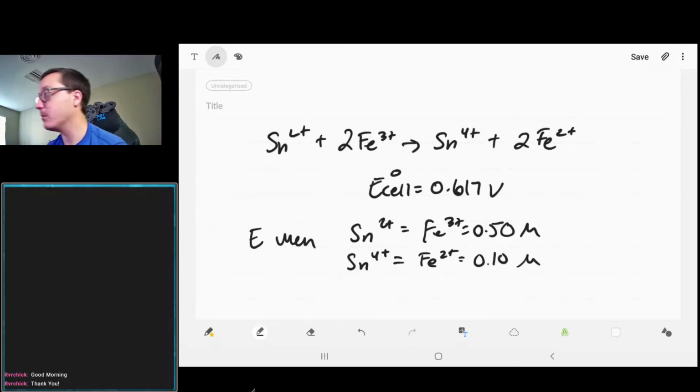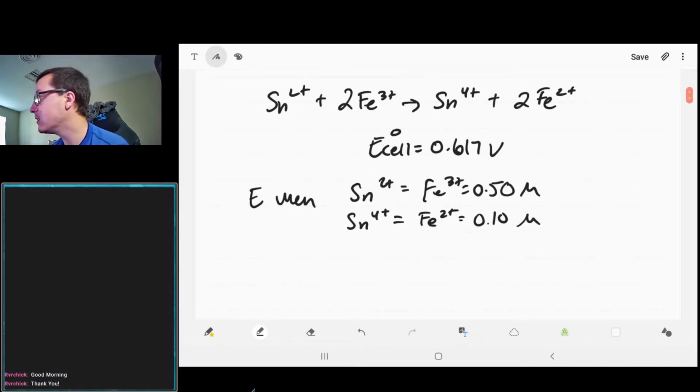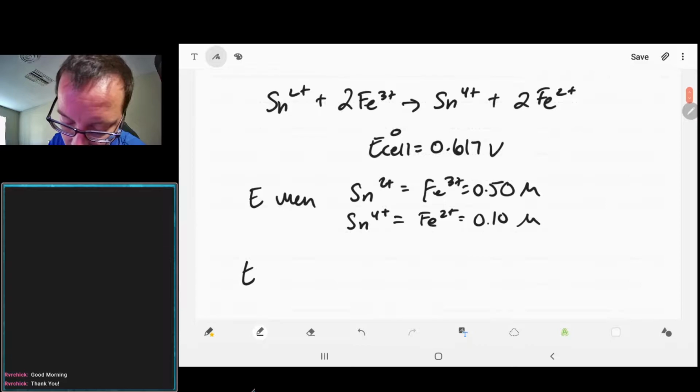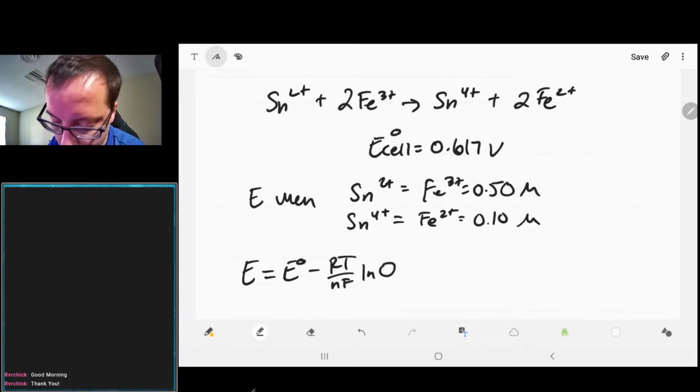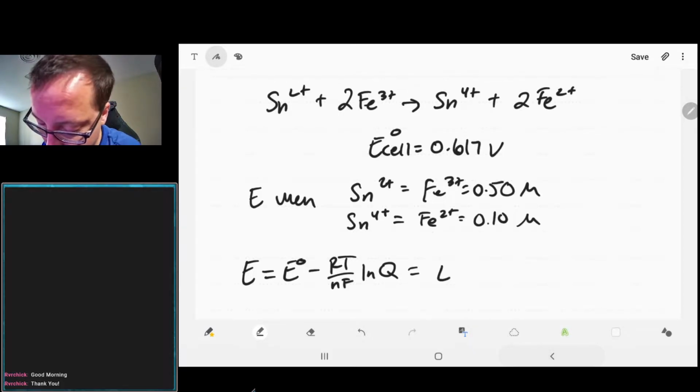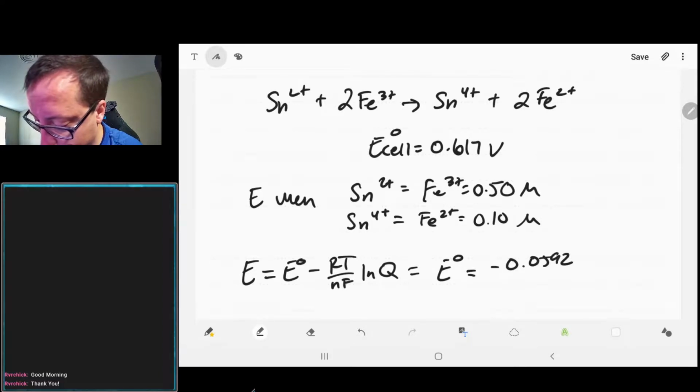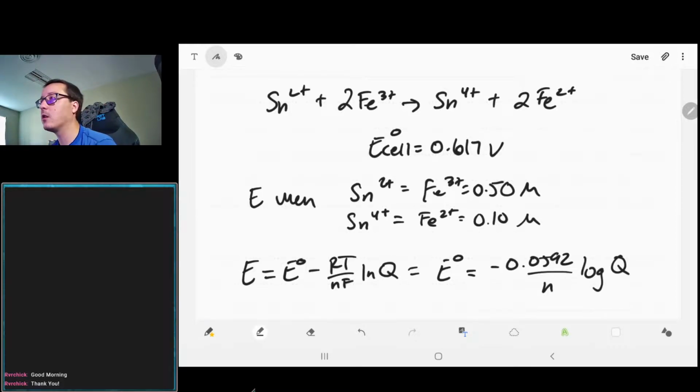because stupid ACS makes me do this. Anyways, what we're going to want to use for this one is 0.0592 over n log Q. Either one will work.